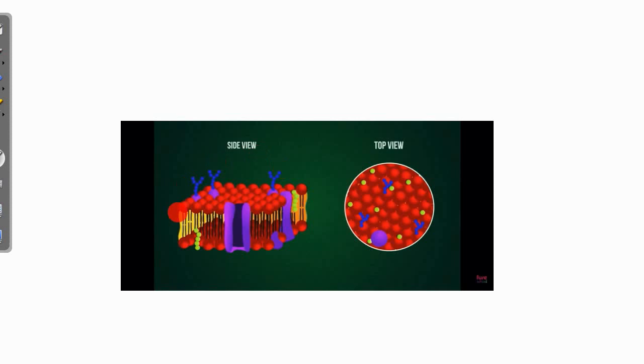So if you see, this is the side view of the cell membrane and this is the top view. So if you see, it looks like a mosaic. How the proteins are scattered in all directions gives a mosaic-like view. Therefore, it is known as mosaic. Fluid is because of the movement of the proteins and phospholipids in their layers.